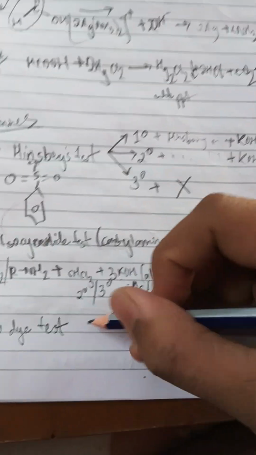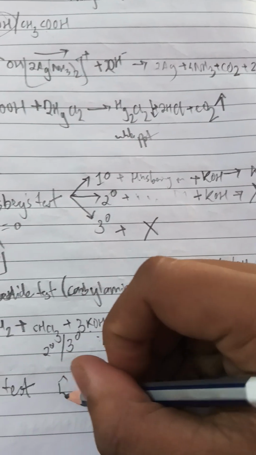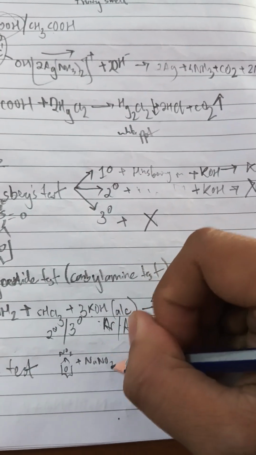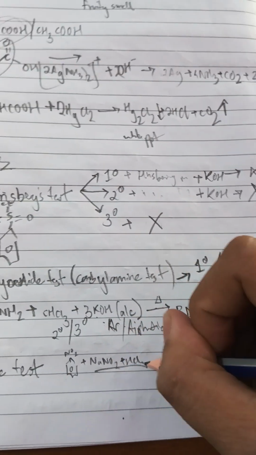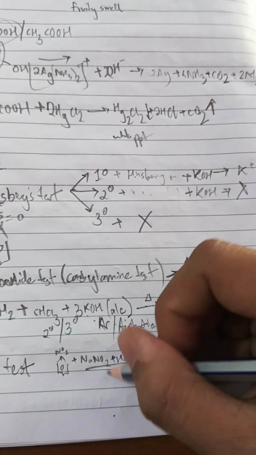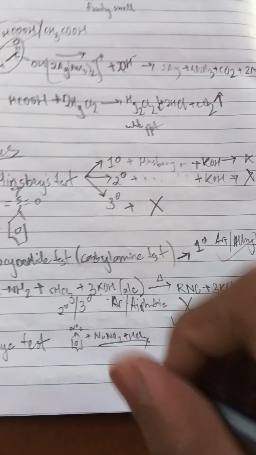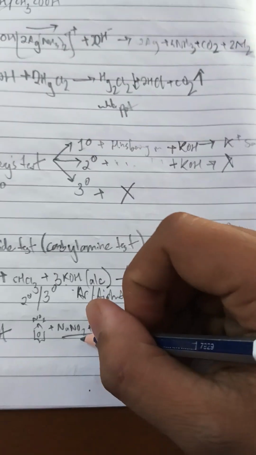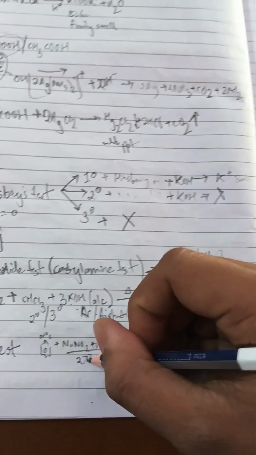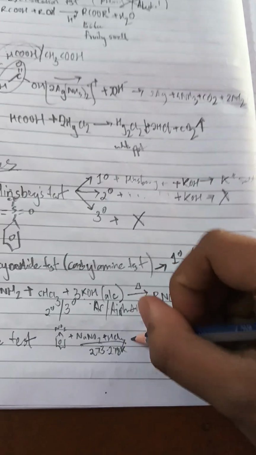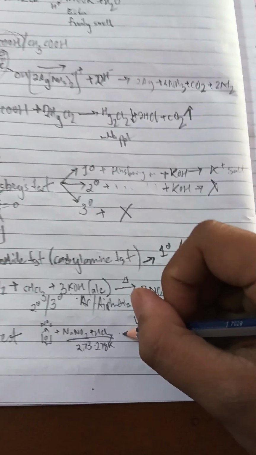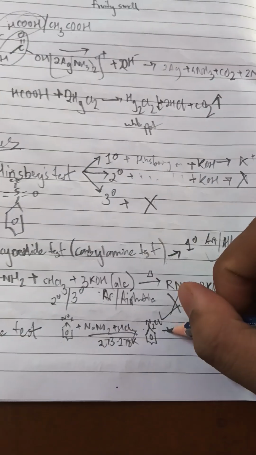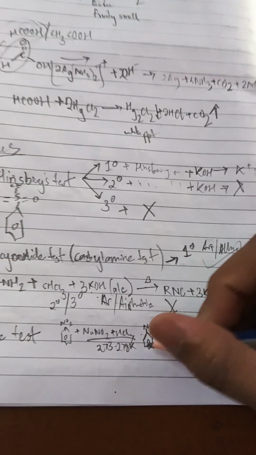You know the reaction. What is the temperature? Comment down below what the temperature is. Yeah, this is almost around 0 degrees Celsius, 273 to 278 Kelvin. It gives what? N2Cl plus 2H2O.